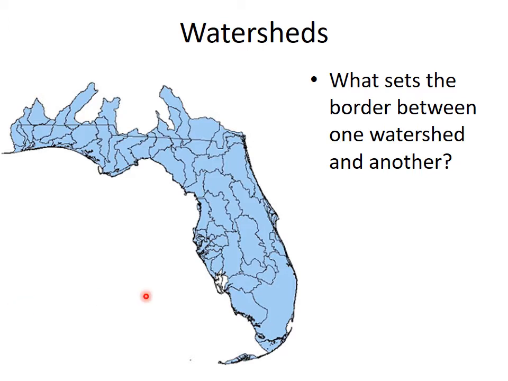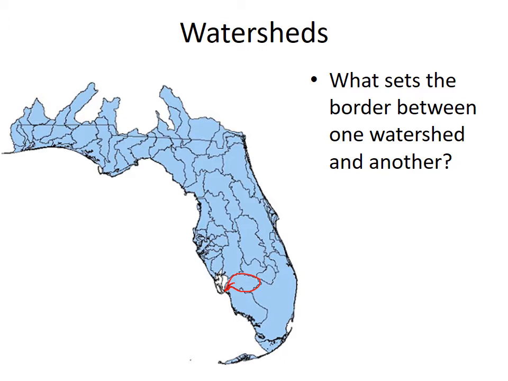The watershed that is near, oops, let me get my pen for the highlighting. So this is the Caloosahatchee River, and the Caloosahatchee River watershed is this area here that drains into the Caloosahatchee River. And the Caloosahatchee River watershed has actually been modified a little bit from what you see in this picture, and we'll talk about that later.